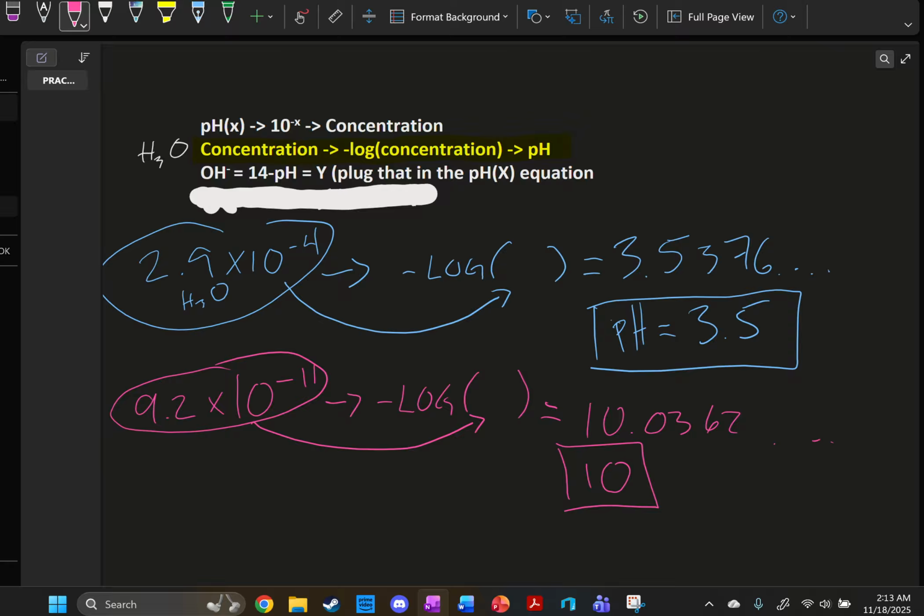Okay, and I might be wrong on the significant figures because that might be a placeholder. If I'm wrong, then it'd be 10.0, and that would be correct. But I don't think it is, so we can just say 10 is the pH.